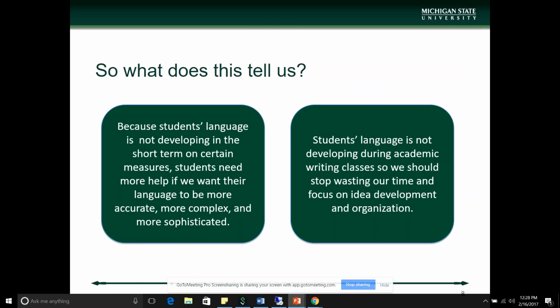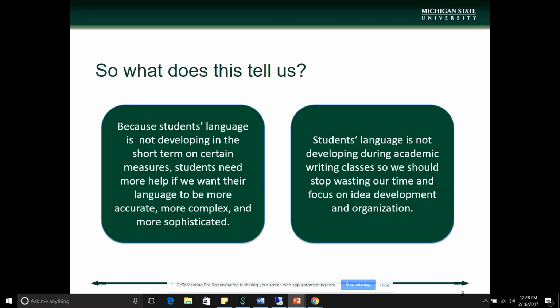Oh, hey Nigel, I'm reading Nigel's comment. I don't know if everyone can see this. It says, I think that there's a difference between saying that students aren't making progress on specific measures and that students' language is not developing, e.g. cohesion as a function of grammar, so improved organization to me implies growth in language use.